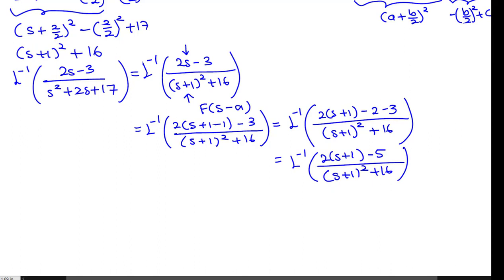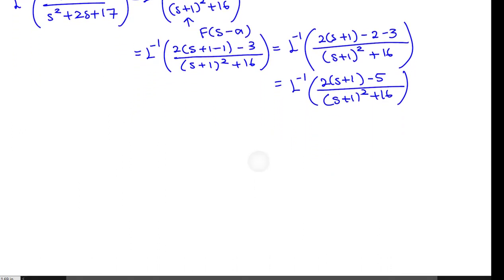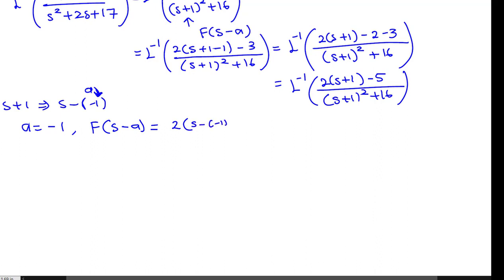Now you get F(s − a). So a is negative 1. s + 1 is s − (−1), so this is a. So F(s − a) is equal to 2(s − (−1)) − 5 divided by (s − (−1))² + 16.